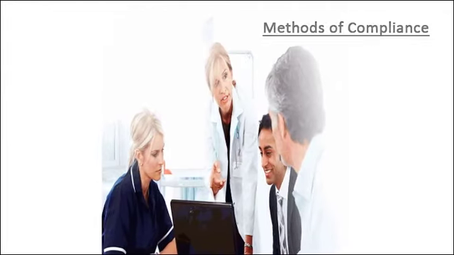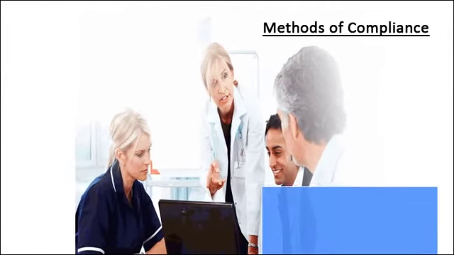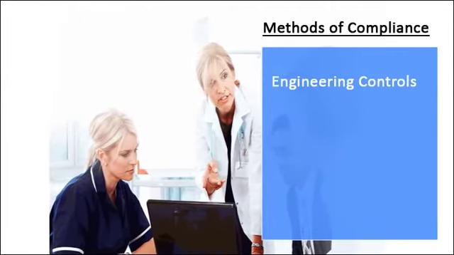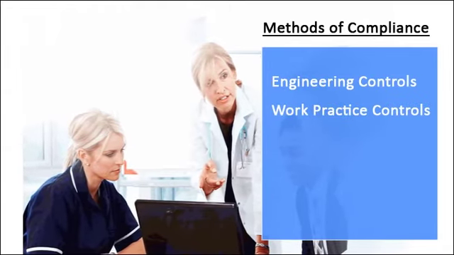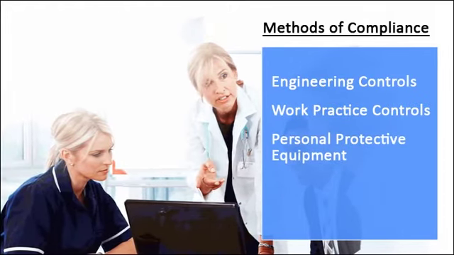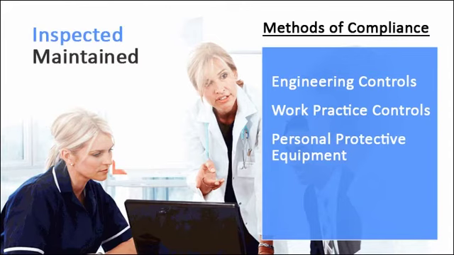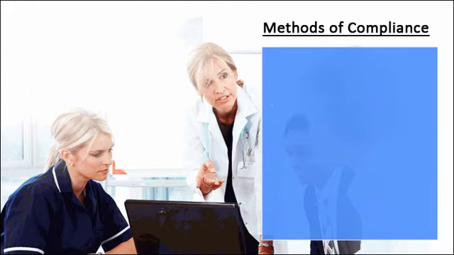In the sections that follow, we will discuss the following methods of compliance of the exposure control plan: engineering controls, work practice controls, personal protective equipment. Your employer is responsible for putting in place the proper engineering controls for your worksite and for making sure that the controls are inspected and maintained on a regular basis or replaced when necessary.